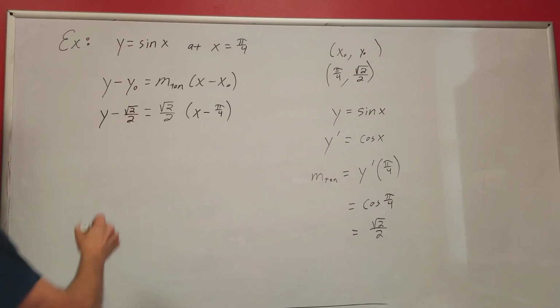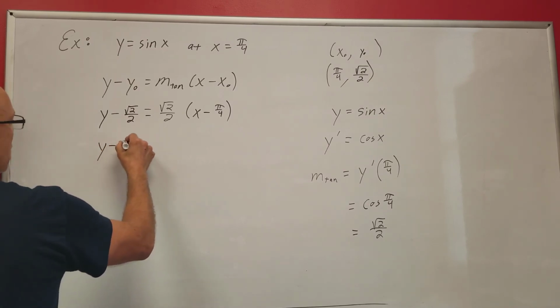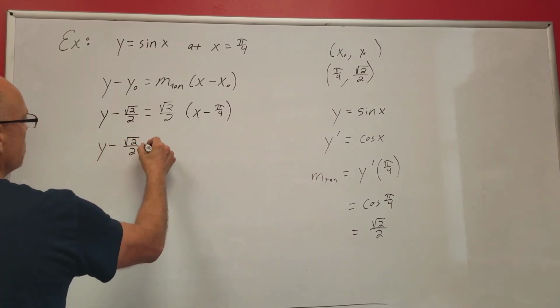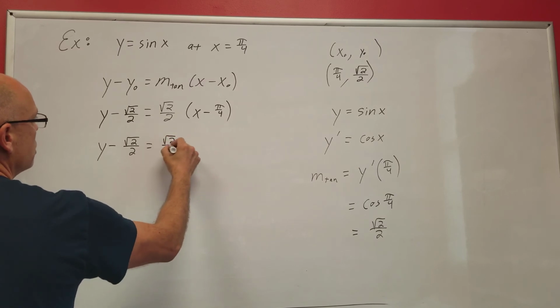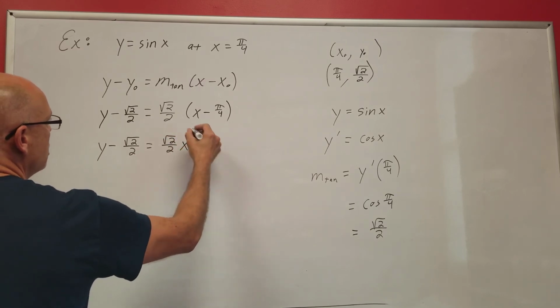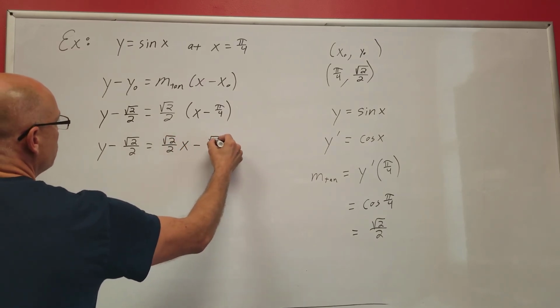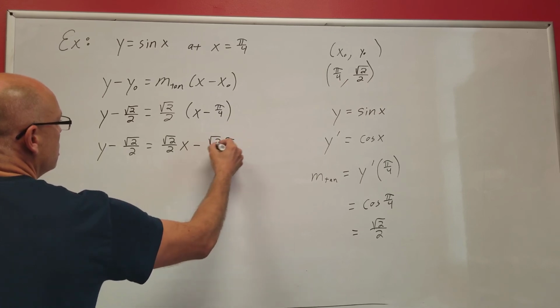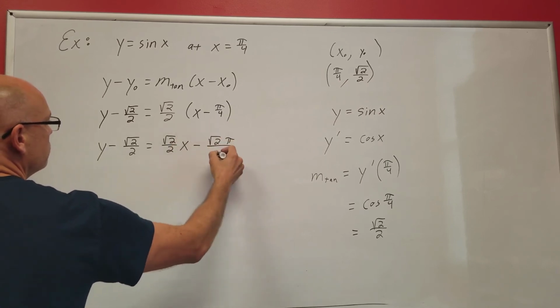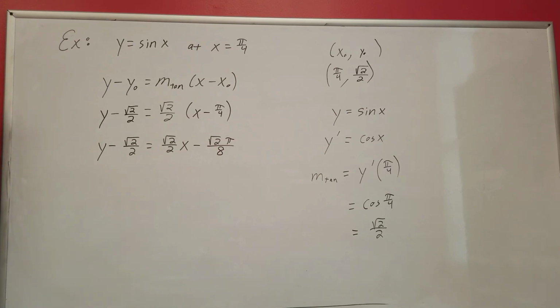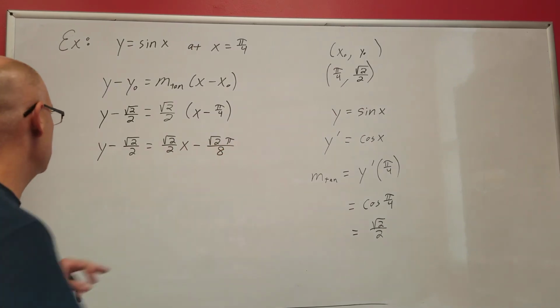Now let's clean this up. So y minus square root of 2 over 2 is equal to square root of 2 over 2 times x minus square root of 2 times pi over 8, right? Now let's go ahead and add that to both sides.